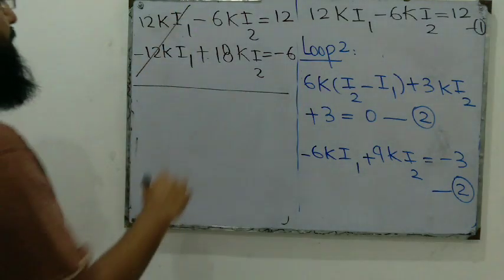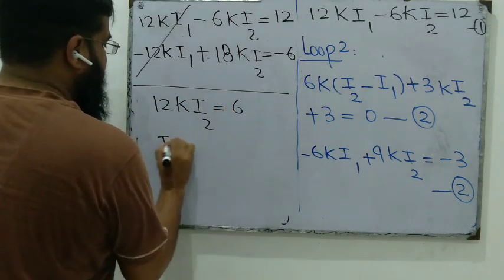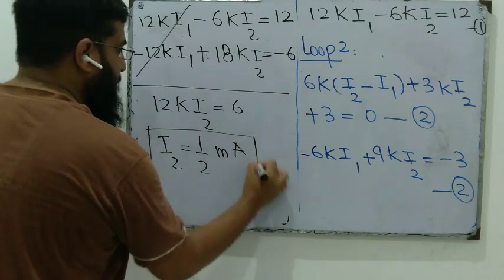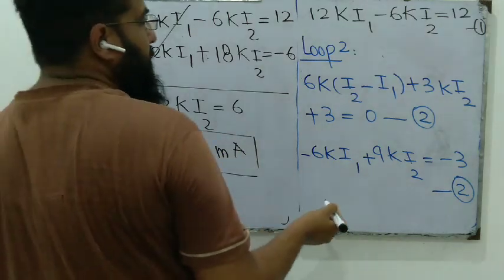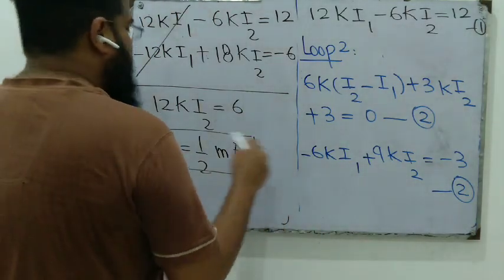So this term cancels and this becomes 12K I2 is equal to 6. So I2 is 1 by 2 milliamperes. This I2 can be put in either equation 1 or 2 to find the value of I1.